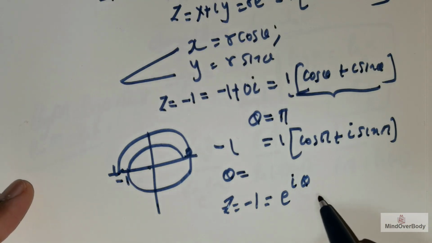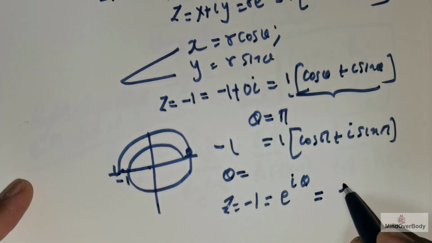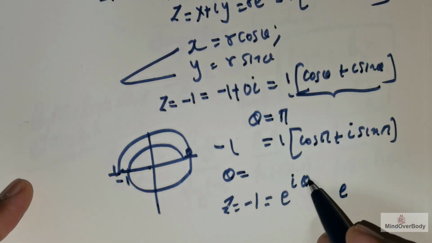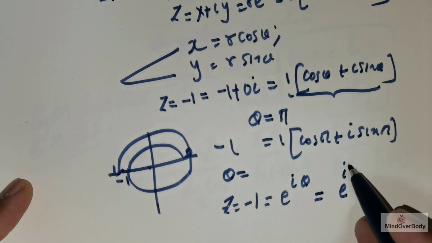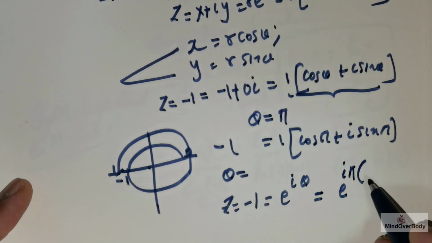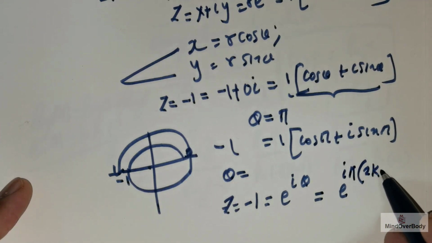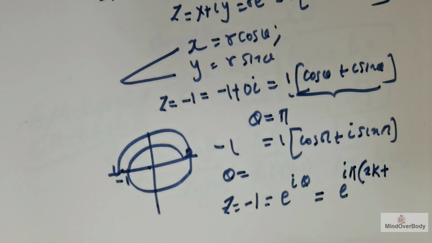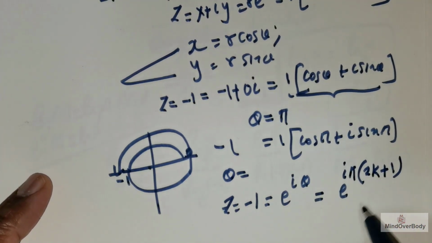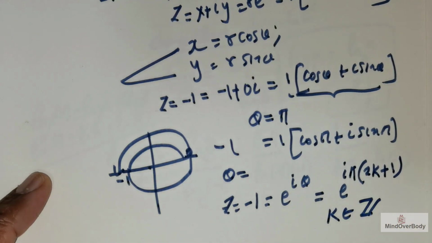We can extend this to e raised to the power, where theta is going to be pi, and we can have multiple rotations. So that is going to be 2k. You can use k or n or anything for that matter, because the k we are talking about is an element of the integers.